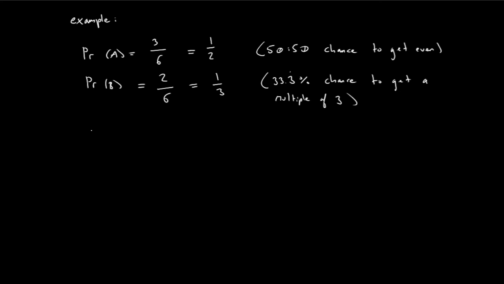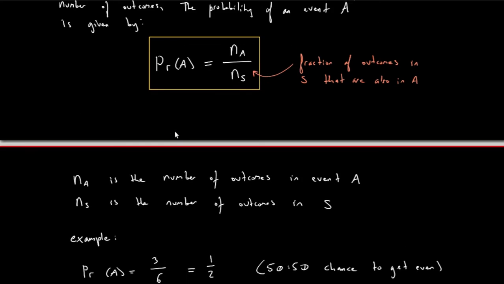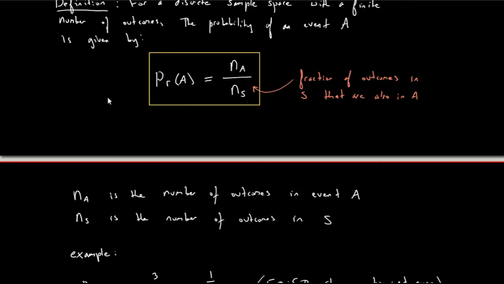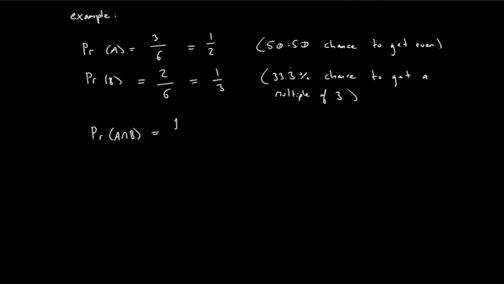Very good. So now let's do one more. Let's say the probability of A intersection B. This is the probability of getting an even number that's also a multiple of 3. Well, we counted that set and there was one object in it. So that's 1, and there's 6 in the sample space, and that's our answer. We can't reduce that anymore.